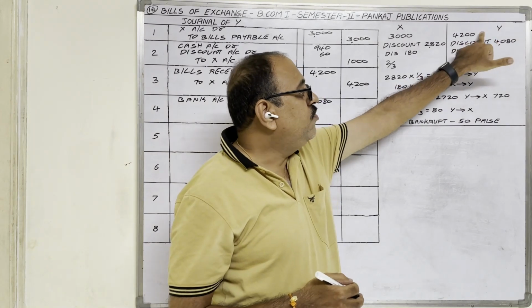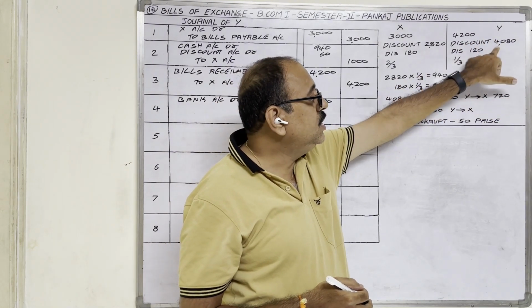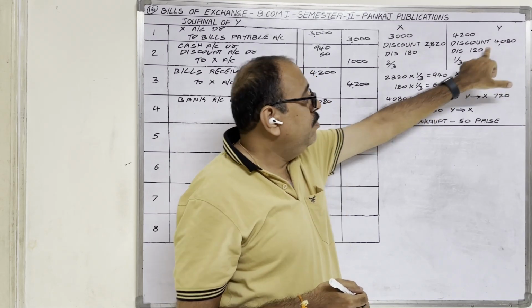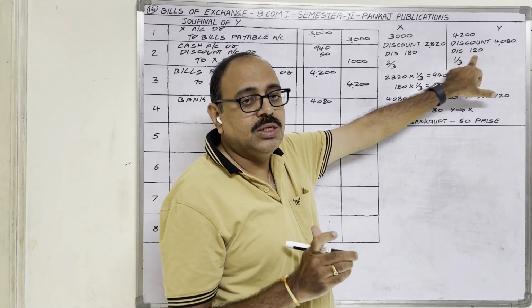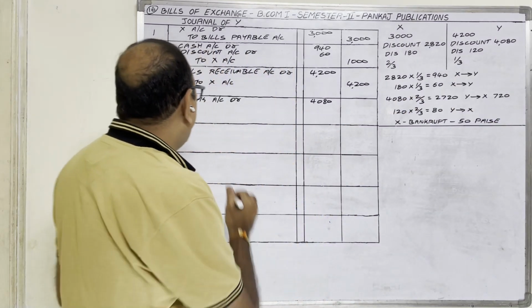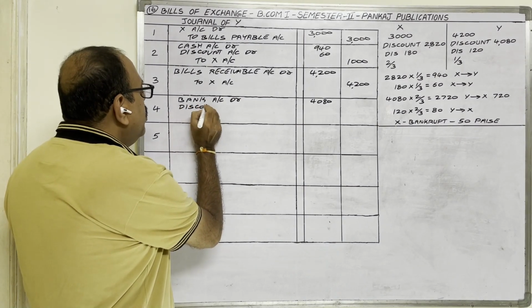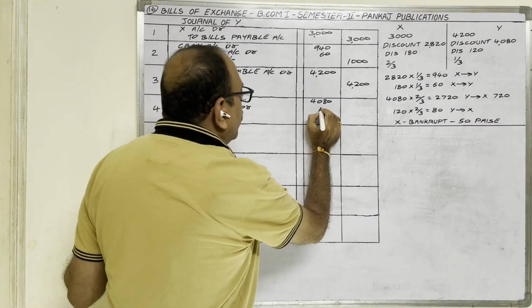Y is selling a 4,200 worth bill to bank, but Y is receiving only 4,080, means 120 rupees loss, known as discount. Loss comes under nominal account. As per nominal account rule, discount loss we have to debit. Discount account debtor 120 rupees.